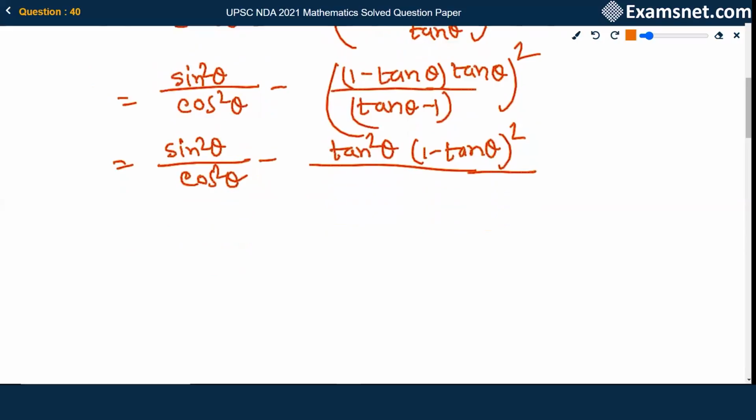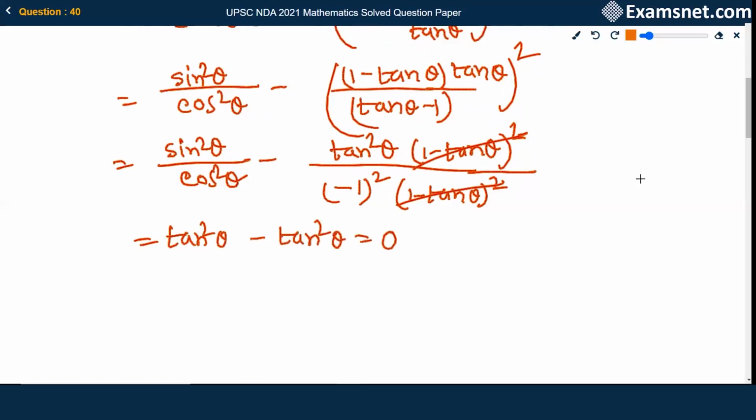I'm distributing that square to every term, and in (tan theta minus 1), if we take minus 1 common, the whole square becomes (1 - tan theta) whole squared. So both will get cancelled. This will give us sin theta by cos theta, which is tan theta, and the whole square means tan squared theta, minus tan squared theta. So the answer is 0.